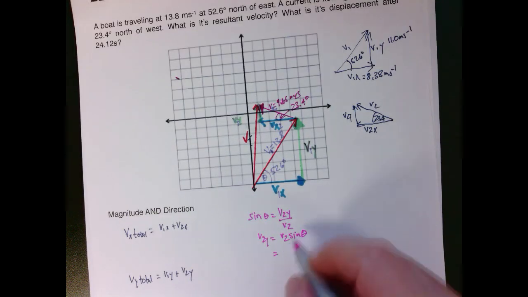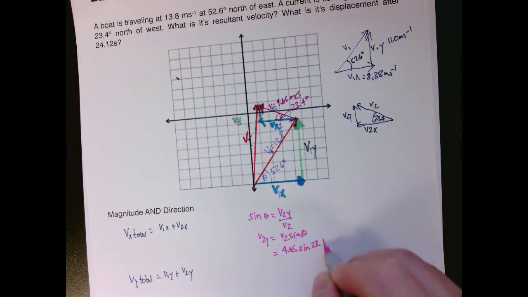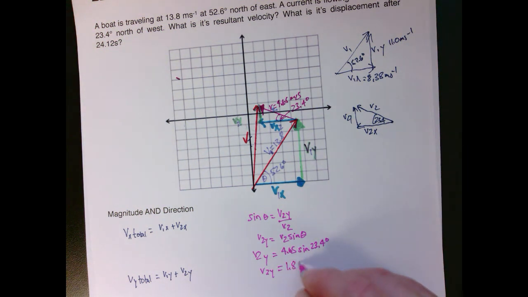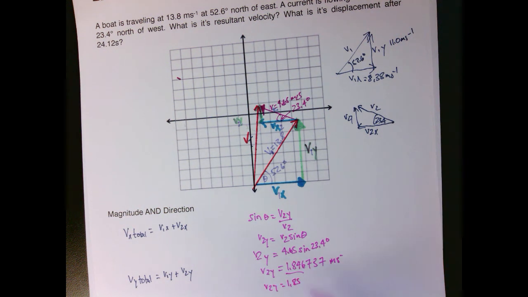And v2 was 4.65 times the sine of 23.4. And v2y is 1.846737 meters per second, which to 3 significant digits, v2y is 1.85 meters per second.